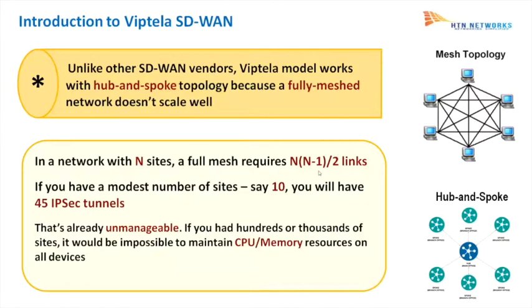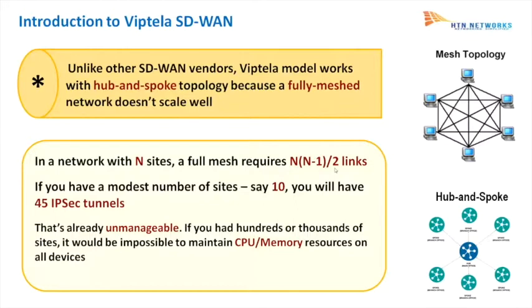If you look at the second box on this slide, let's say you have n number of sites. A full mesh requires n times (n minus 1) divided by 2 links. Those are the total number of links you need for n sites. Let's take an example of a modest number of sites, say 10 branch offices.